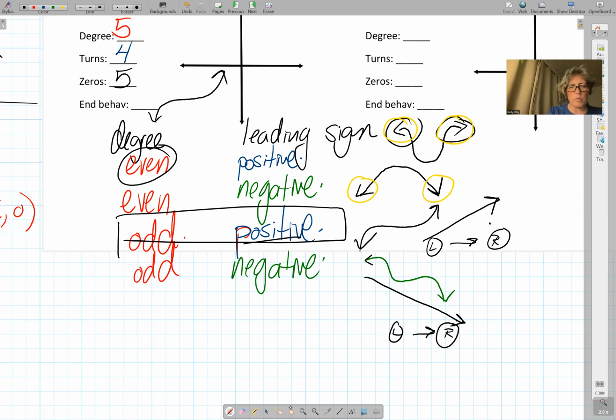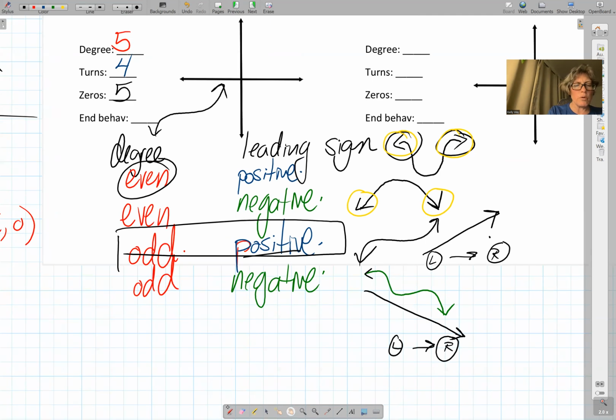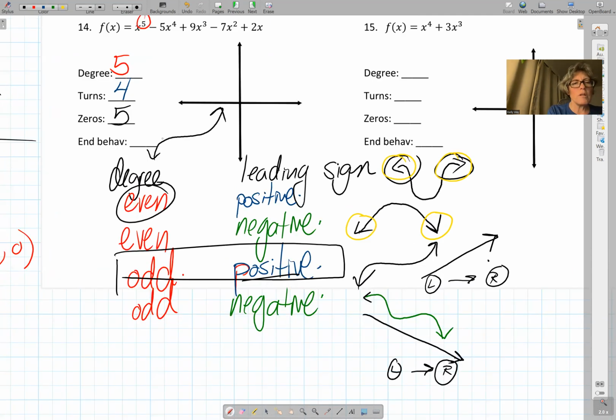And of course, it is going to turn 4 times here somewhere, like 1, 2, 3, 4, and then up that way. And then part of your deal is to find the zeros, of course, every time it turns. 1, 2, 3, 4.